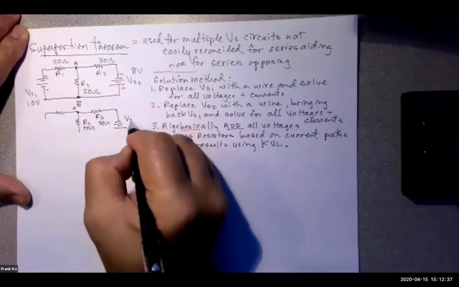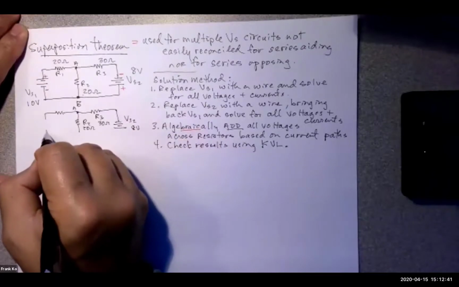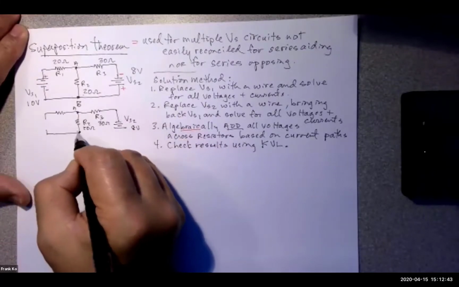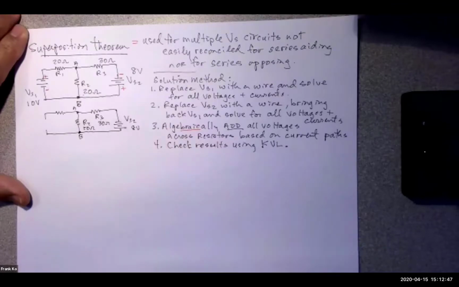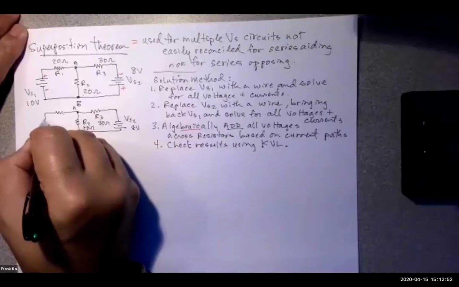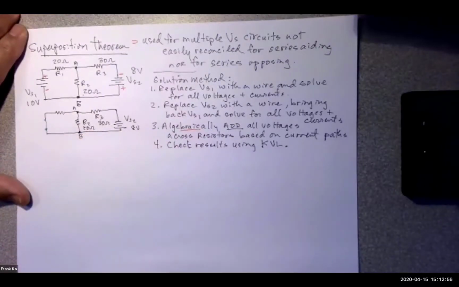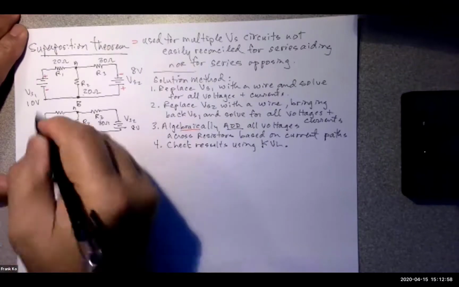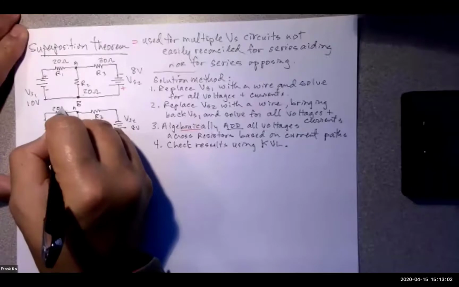This is VS2, 8 volts. And this guy comes down. Here's my node B. And this guy comes over to here. And I'm replacing this with a wire. R1 is 20 ohms.